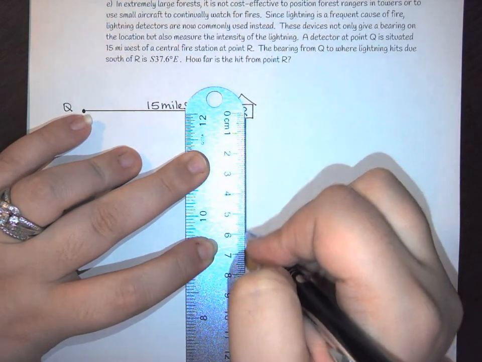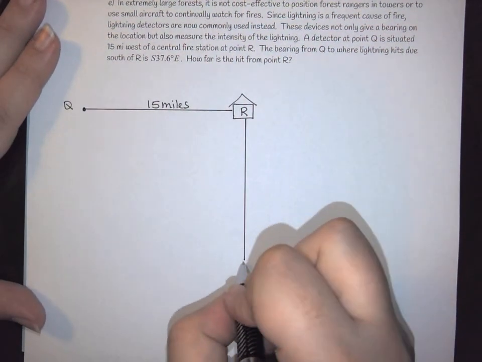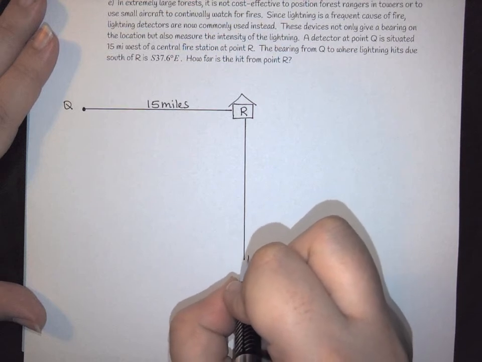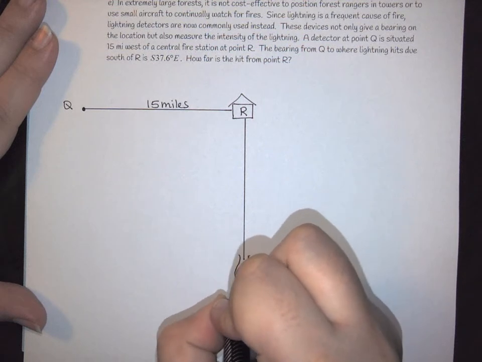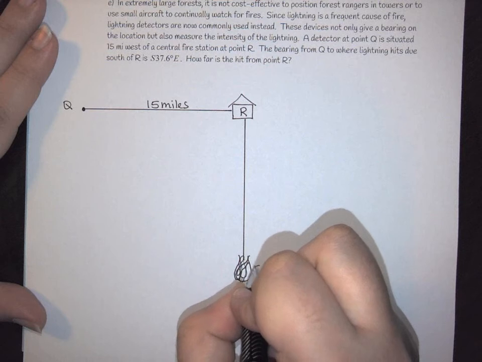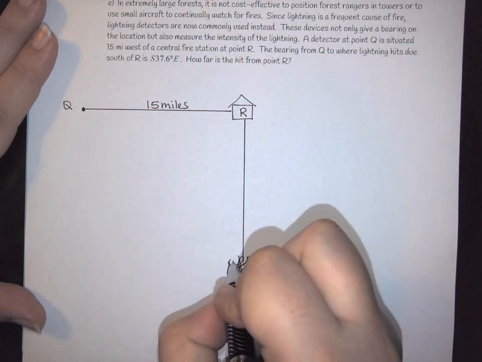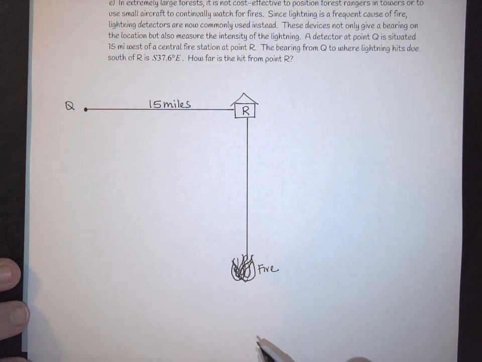We're going to draw this straight line down here, and we're going to put in our fire. Alright, so we've got this little fire going on down here. Had a little fun.